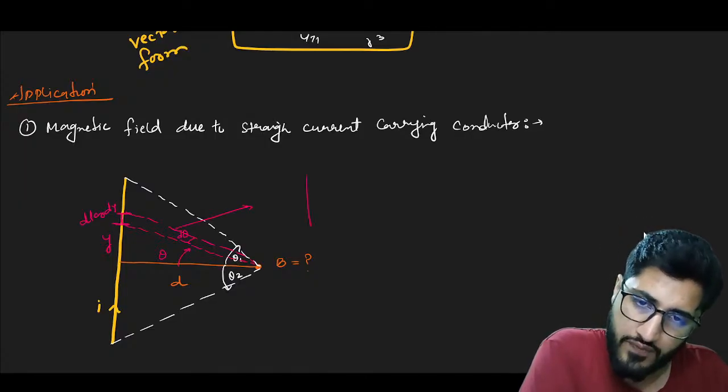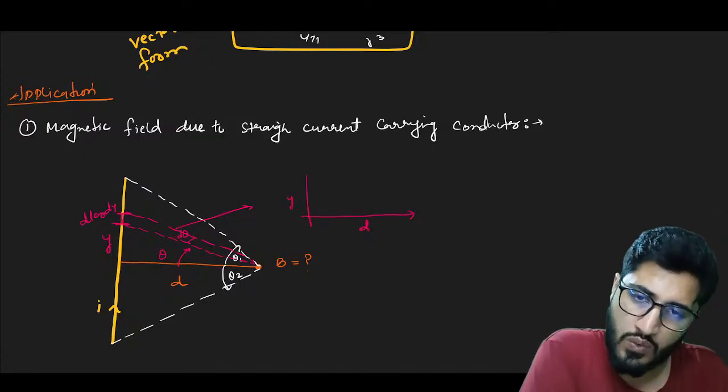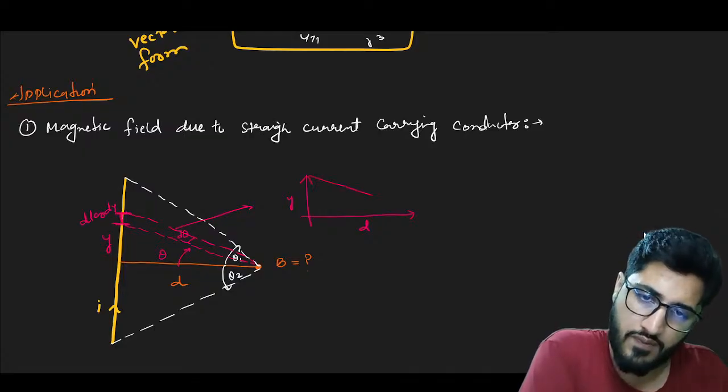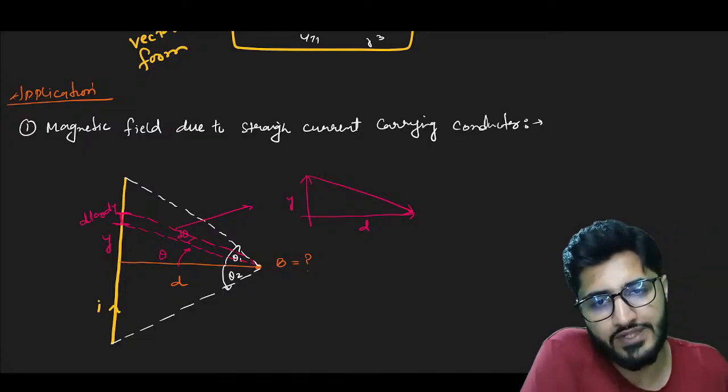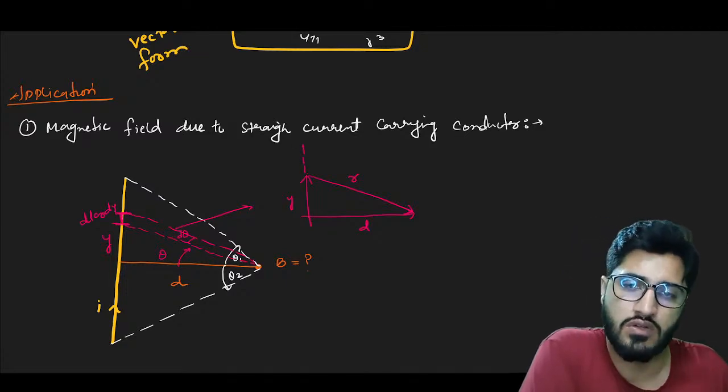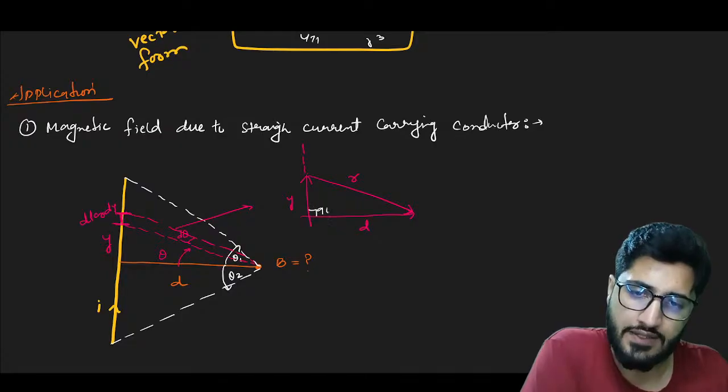So look now, it looks like this, dy. If this is dy, let's suppose this one is r. So if this angle is 90, this angle is theta.